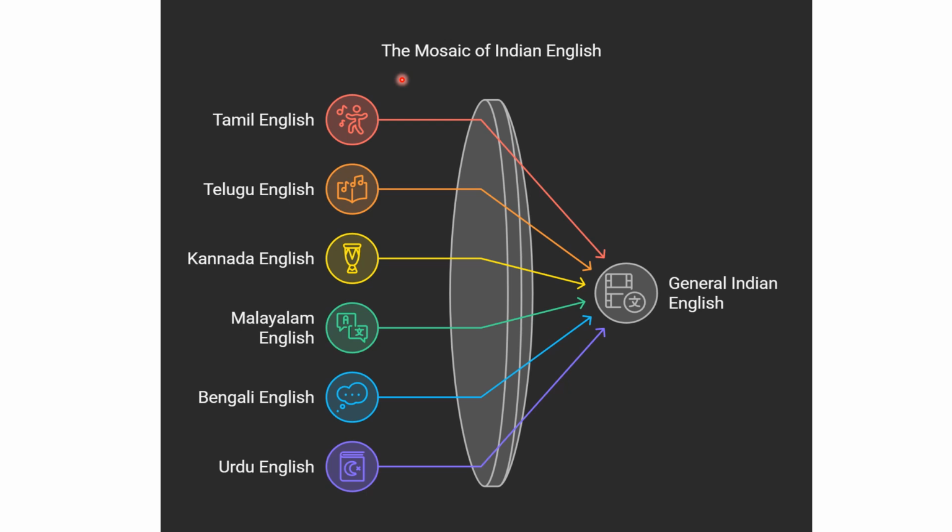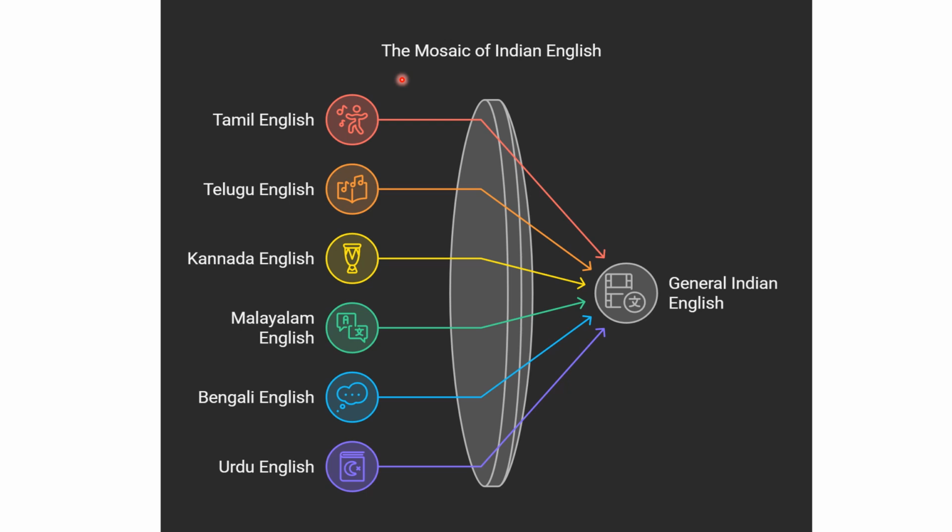There are several languages spoken in India. We can say that there are, for example, Tamil English, Telugu English, Kannada English, Malayalam English, Bengali English, Urdu English, Oriya English, Punjabi English, and so on. So there are so many varieties of Indian English.